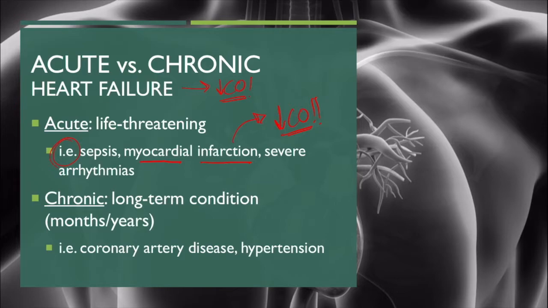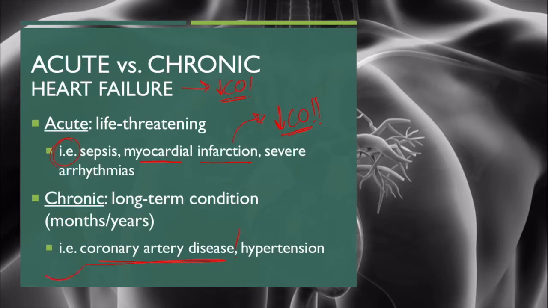The number one cause of chronic heart failure is coronary artery disease. And coronary artery disease is just a fancy way of saying they have atherosclerosis in their coronary arteries. We will go through this in a minute. If you have coronary artery disease and your coronary vessels are filled with atherosclerosis, you're not going to be able to deliver enough blood flow and oxygen to the heart.